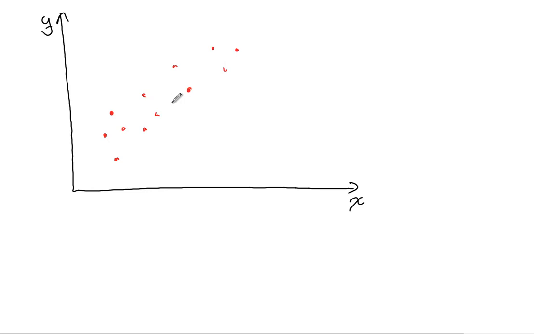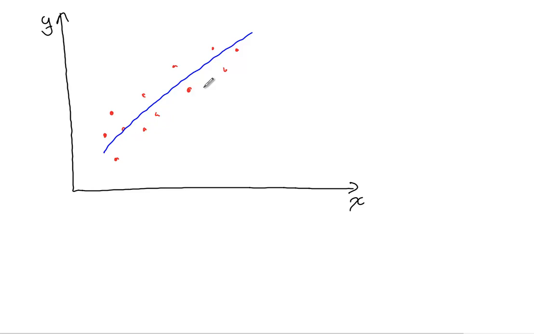So we're going to calculate, based on our information, a line that will best fit this data. This is what we call our regression line, and it's also considered our predictor line.